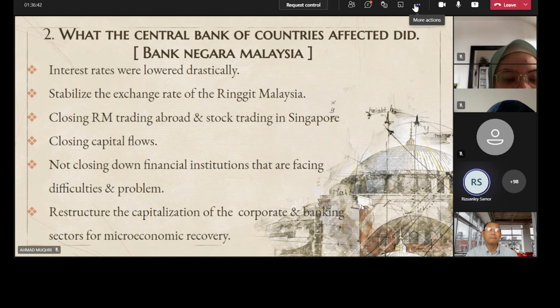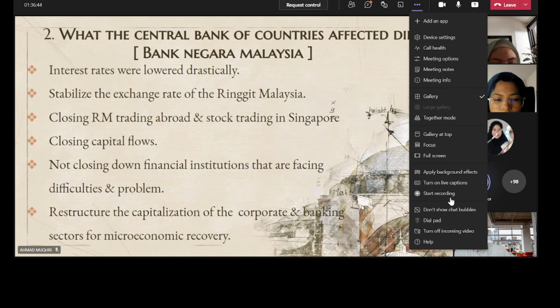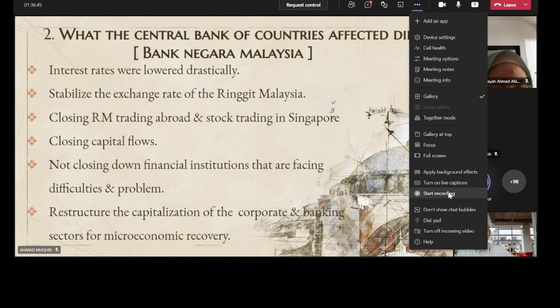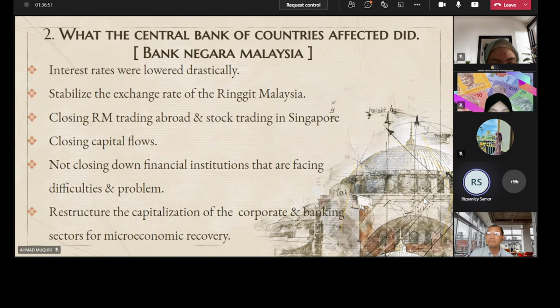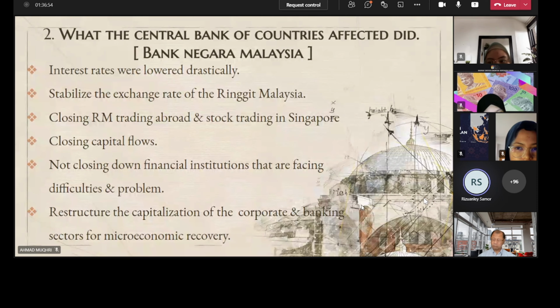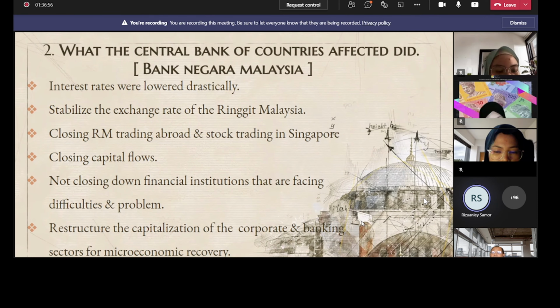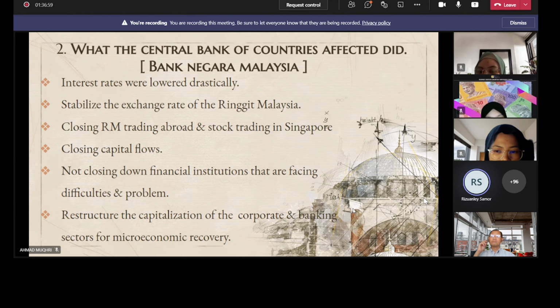This is important because it helps the country continue to focus on implementing any macroeconomic policy that is capable of recovering the country from this crisis. And the third strategy, closing Malaysia trade abroad and stopping trading in Singapore. In this way, it can also avoid any speculation on the ringgit Malaysia and local stock.